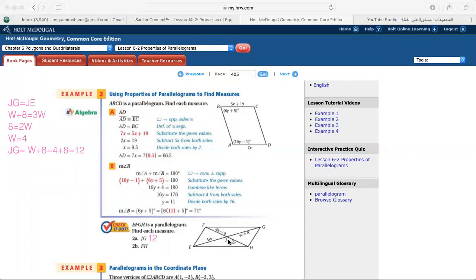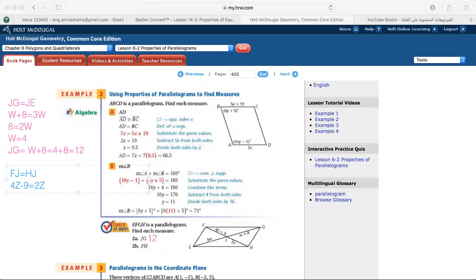I will get FJ or JH, then I'm going to multiply it by 2. So I write here FJ is equal to HJ. So 4Z minus 9 is equal to 2Z.